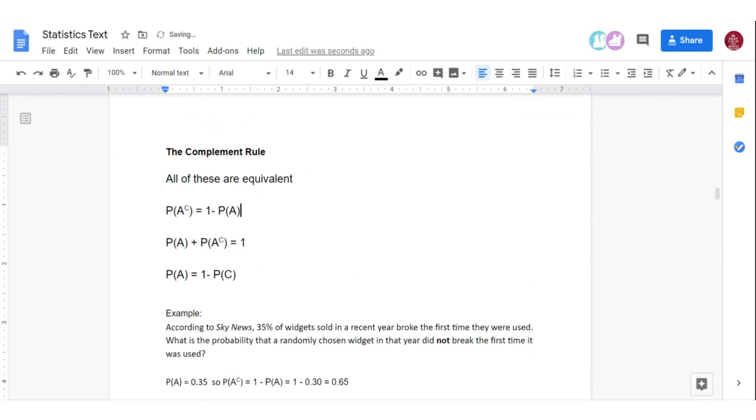So this is the way that they show the complement rule in this book. But all of these things are actually equivalent, okay? And the reason why they're equivalent is because this is one that just tells you what the complement is equal to.